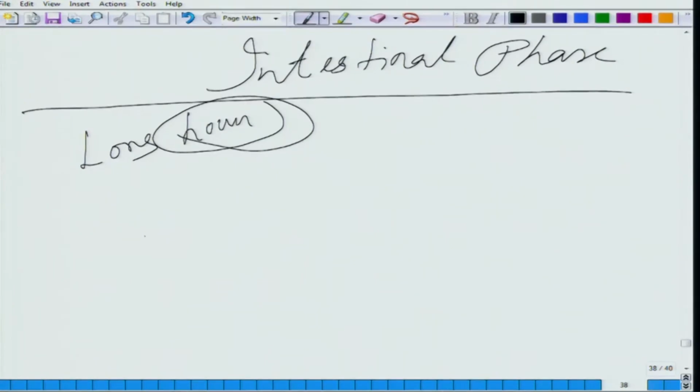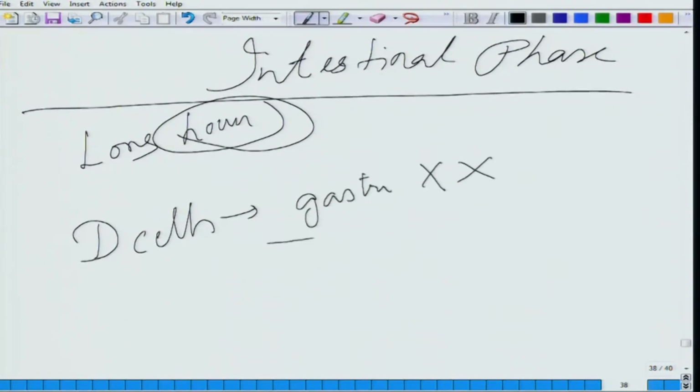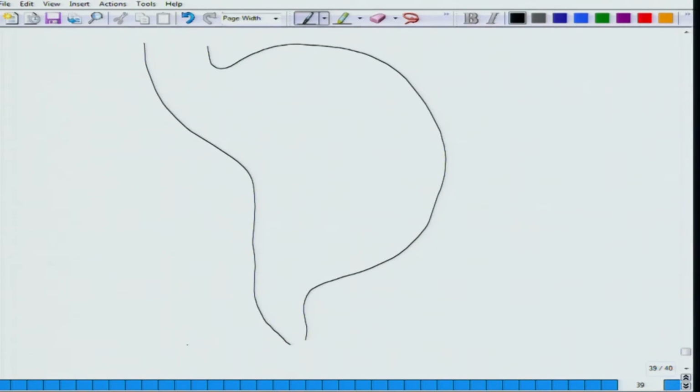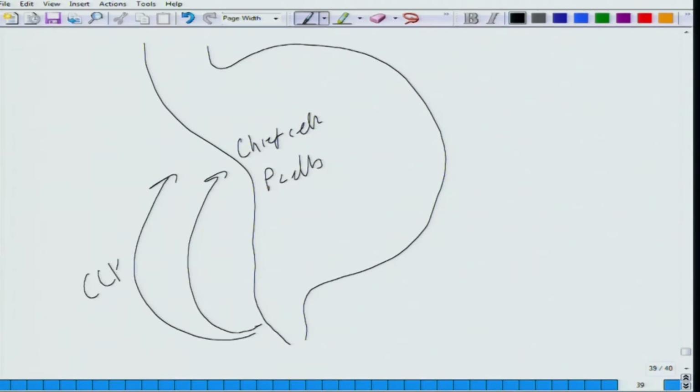This is the phase when, if you remember, the D cells get activated, ensuring that gastrin secretion is blocked. This is one thing which happens. Then a few other controllers come into play at this time from the blood vessels, which stop the different cells. So via circulation you have the chief cells, parietal cells being asked to stop by different factors like CCK and GIP.